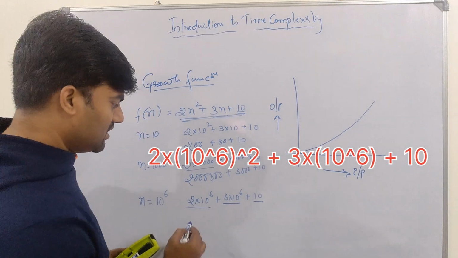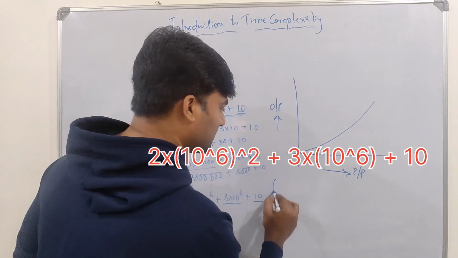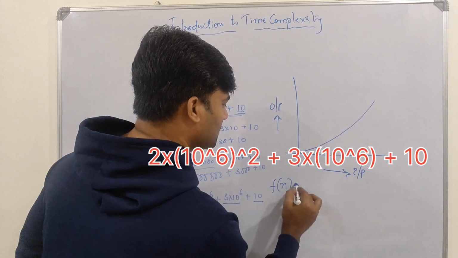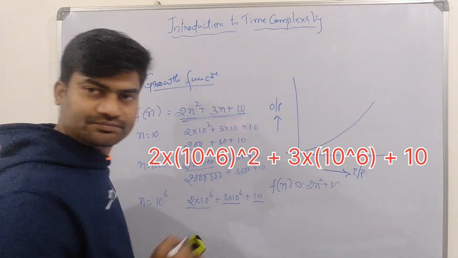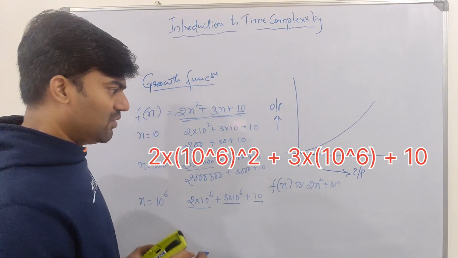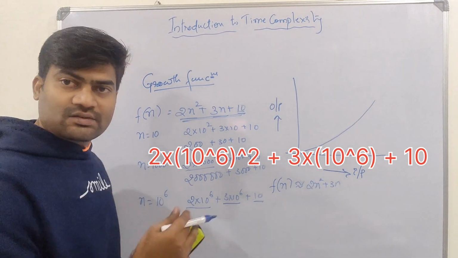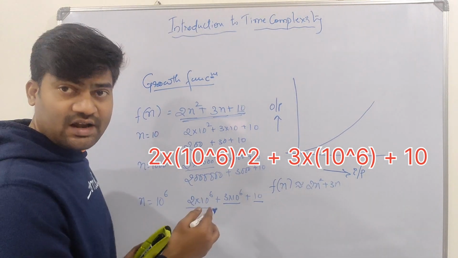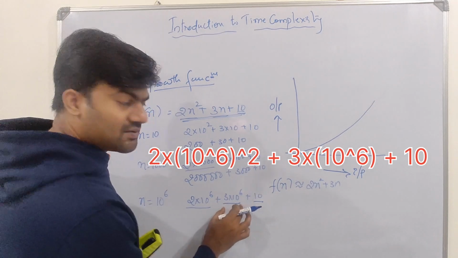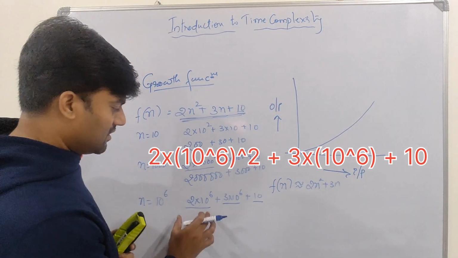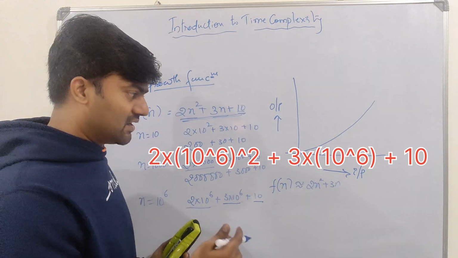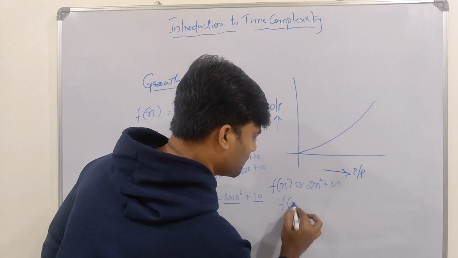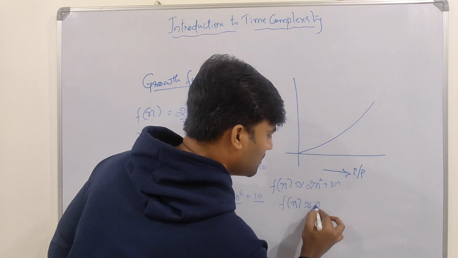This is constant. So we can say this is somewhere equal to 2n square plus 3n. But as the value grows bigger and bigger, the 3n is also kind of negligible. The contribution of the square term will be more because it increases in terms of square. So somewhere we can say f of n is close to 2n square.